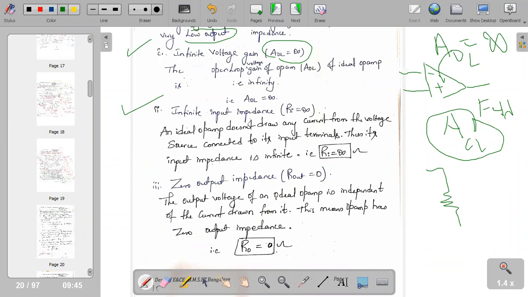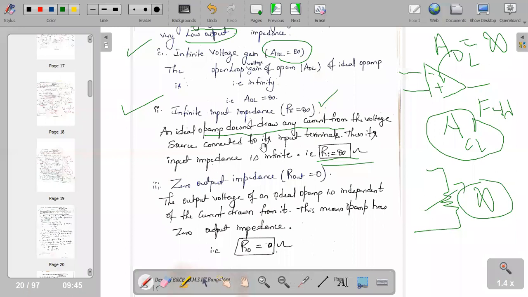Ideally, the op-amp has infinite input impedance. The ideal op-amp does not draw any current inside. Therefore, the op-amp has very high input impedance. Ideally it is infinity, but practically it is very large.